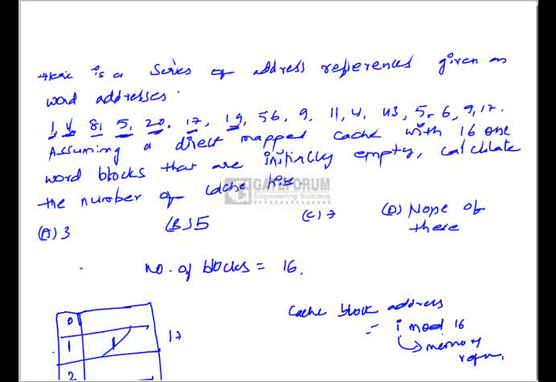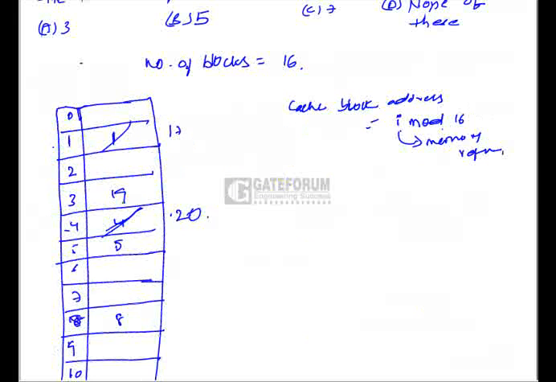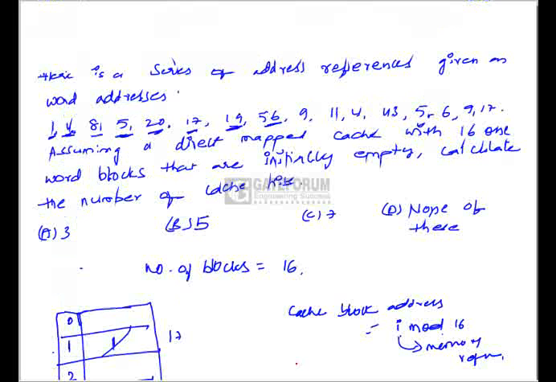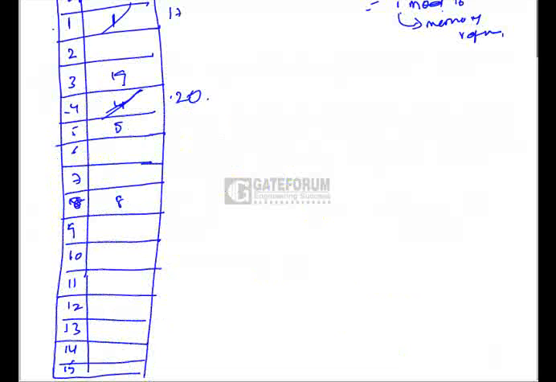Now 19 mod 16 is 3, so 19 is placed at cache block 3. Now 56 mod 16 is 8, so 8 will be replaced with 56.